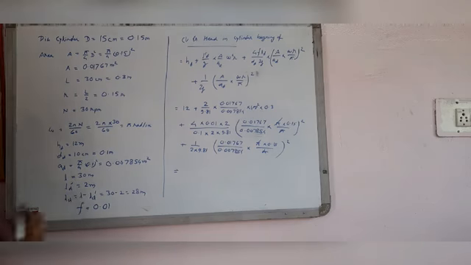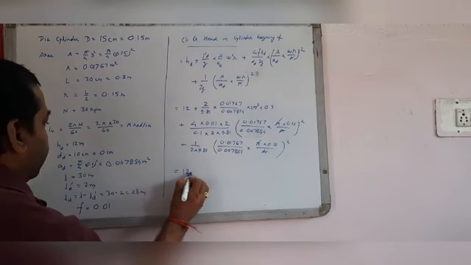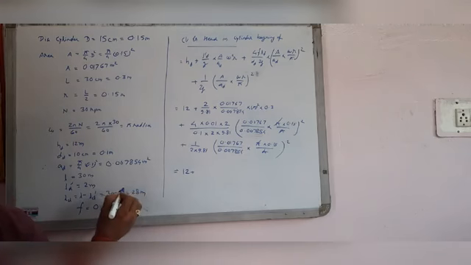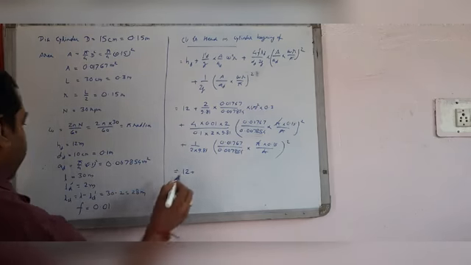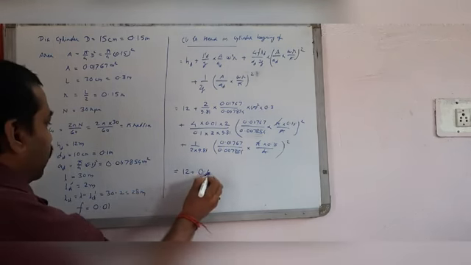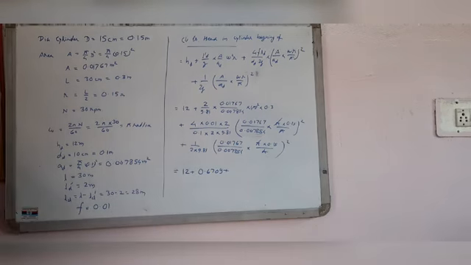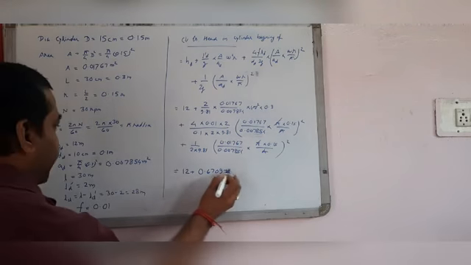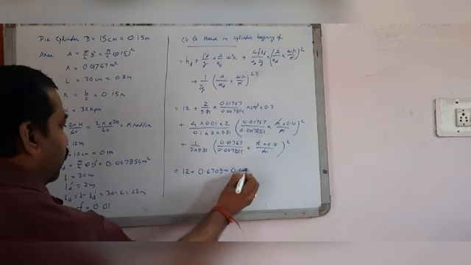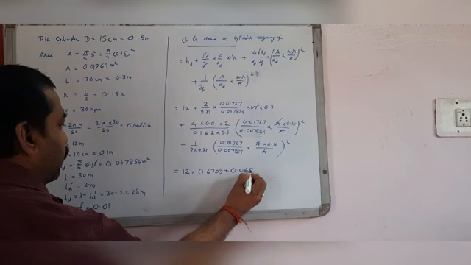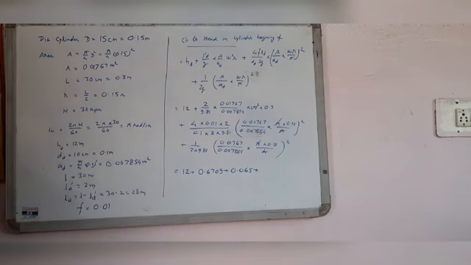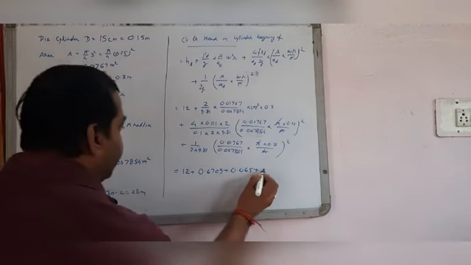Now this is equal to 12 plus 0.6709 plus 0.065 plus 0.0058.